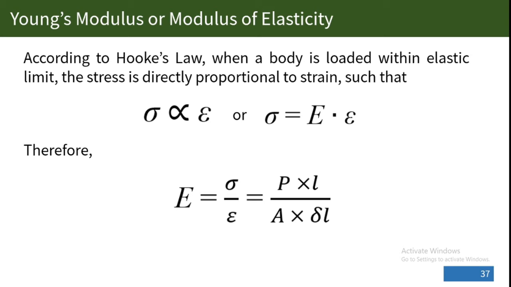Since from this equation E is equal to P times L over A times delta L, it means that it has a very low deformation. So when the value of the modulus of elasticity is high, it means it is not easily deformed.